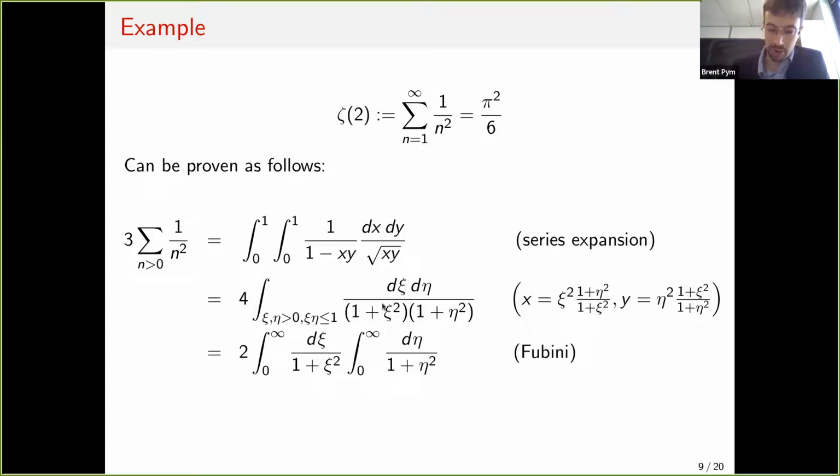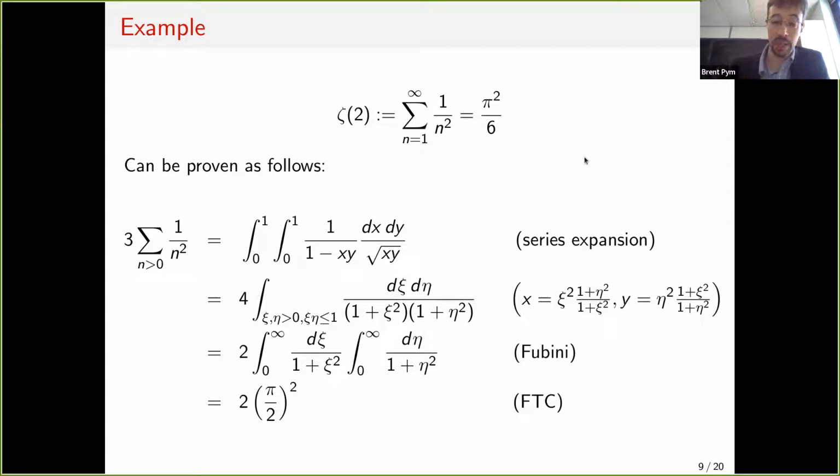It decomposes. There's an integral over c and an integral over eta, and it's just a product of those two integrals. But now these integrals are familiar because 1 over 1 plus c squared, its antiderivative is arctan of c. And so we can evaluate these using the fundamental theorem of calculus, and each one of them is pi over 2, so this expression on the right-hand side is twice pi over 2 squared. And you rearrange that and you get Euler's identity.